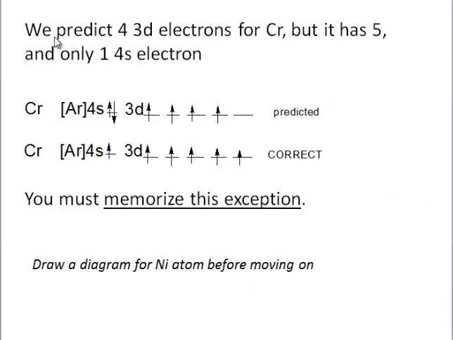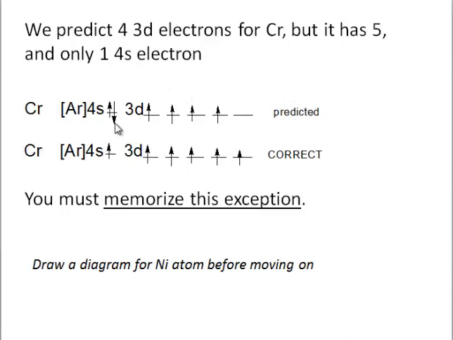Now looking at the periodic table, we would predict 4 3d electrons for chromium, but it has 5 and only 1 4s electron. In other words, here is the predicted orbital diagram for chromium you would obtain using the rules we have learned up to this point. However, the correct orbital diagram is an exception.